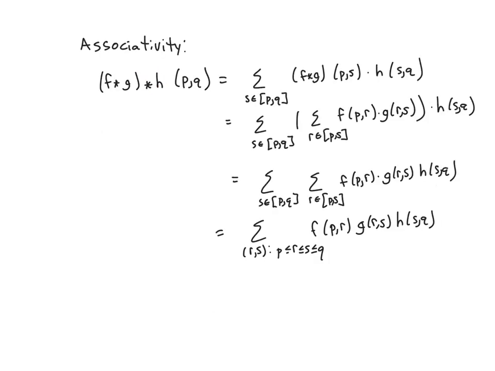So now let's prove that the incidence algebra multiplication is associative. So how do you do that? You take three functions f, g, h in the incidence algebra, and you want to show (f star g) star h is equal to f star (g star h).